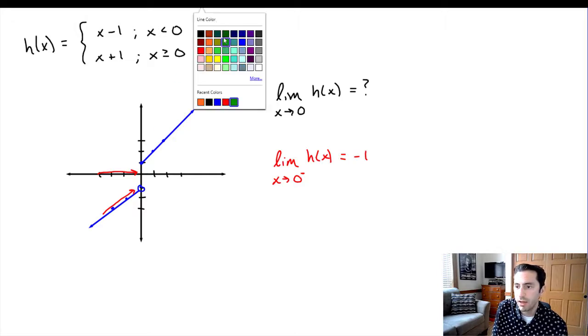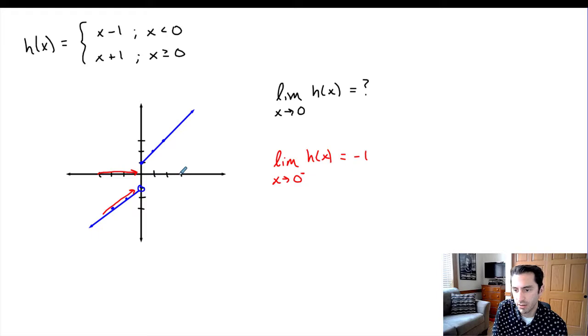Now let's take a look at the right-sided limit. As we move our x values closer and closer to 0 coming from this direction, what's happening to the y values here? What are they getting close to? Again, we can notate that we're talking about a right-sided limit.